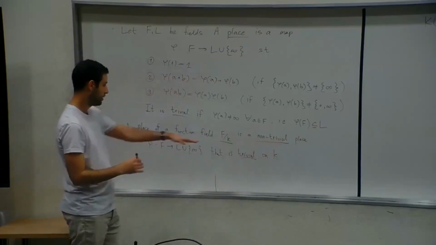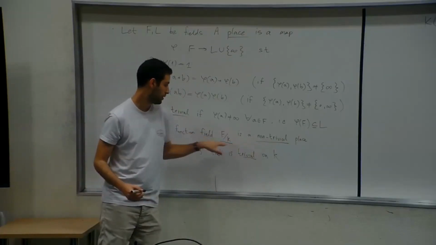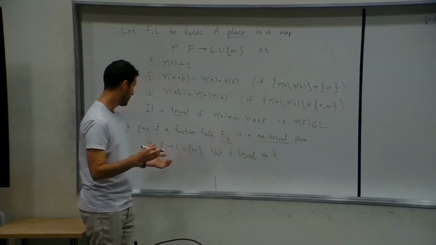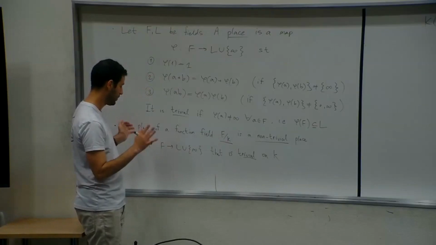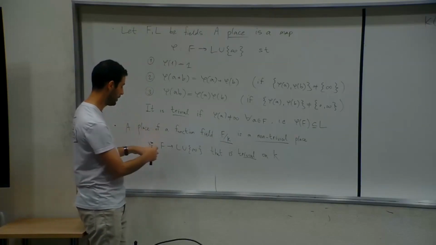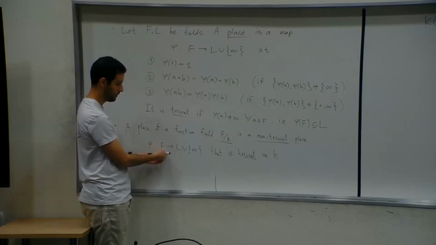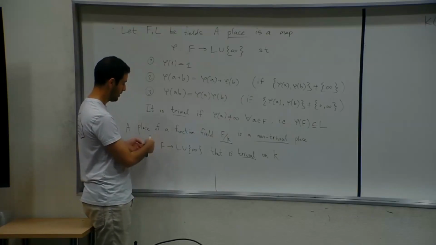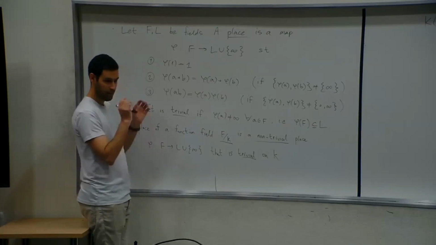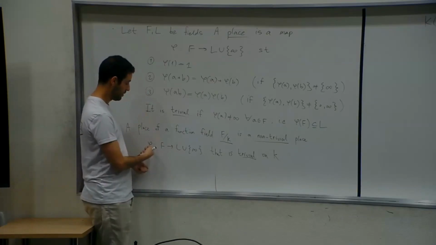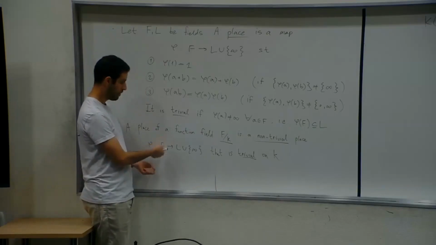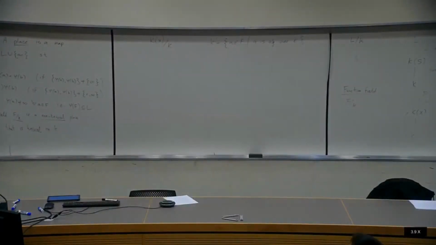So a non-trivial place that is trivial on the constants. For intuition, the elements of the function field are functions, and phi is a point, a place, and phi tells you: give me a function and I will tell you the value of this function at the point.